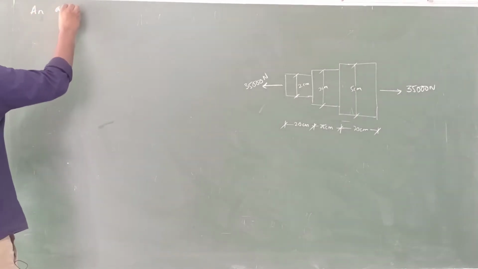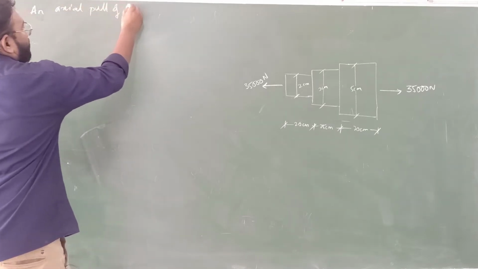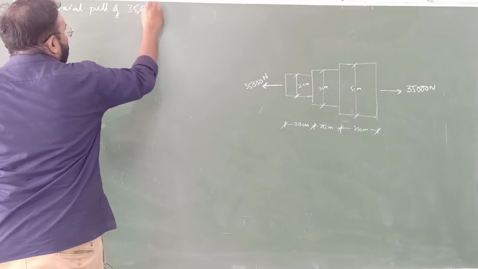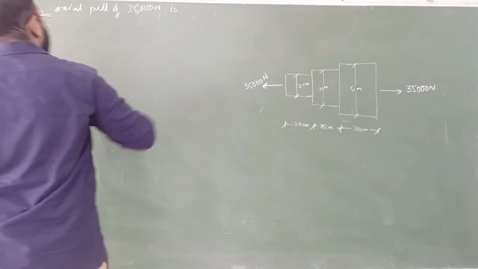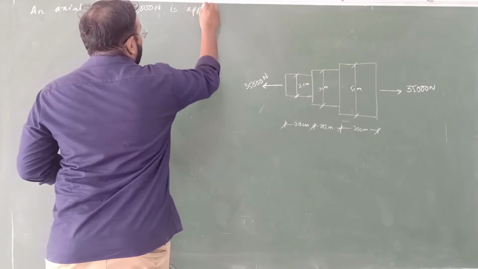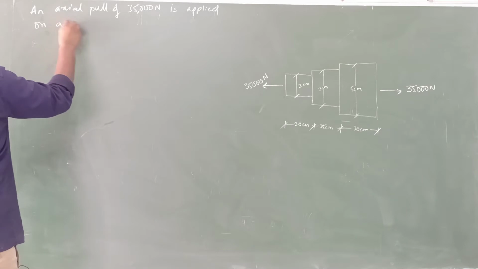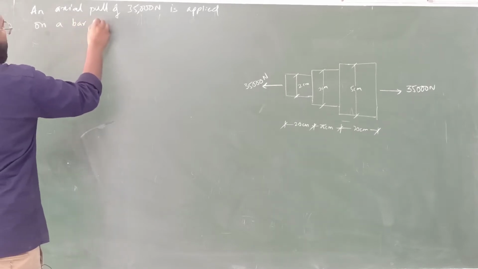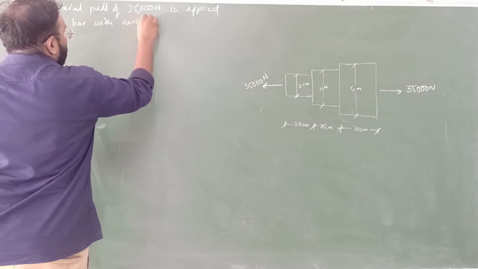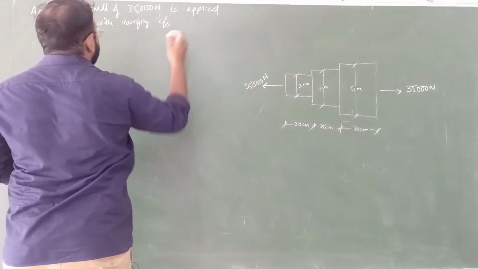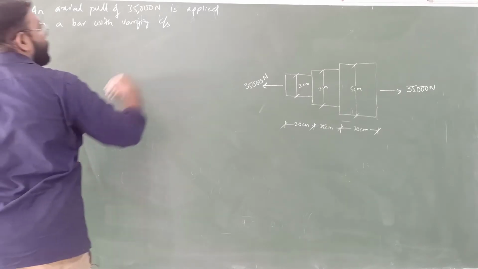The question is like this: an axial pull of 35,000 Newton is applied on a bar with varying cross section shown in figure.